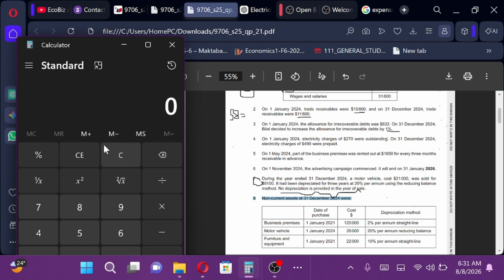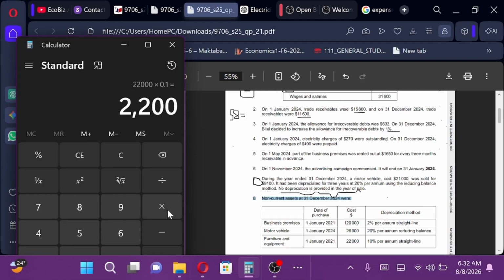So we take 22,000, multiply by the percentage of depreciation. So we multiply by 10%. Hopefully you're following. 22,000 multiplied by 10%.